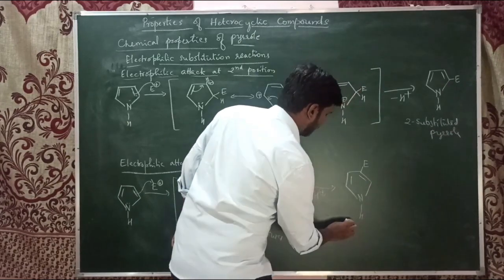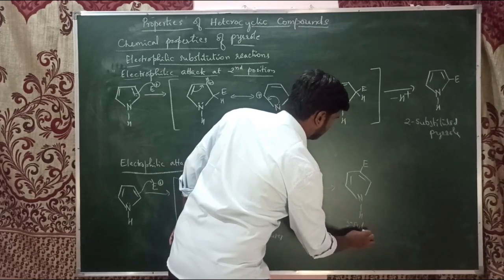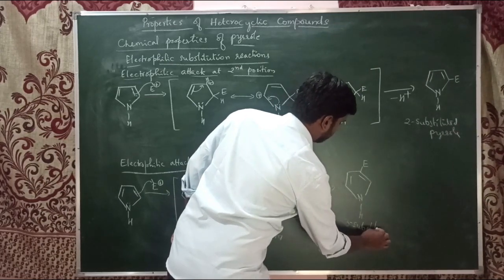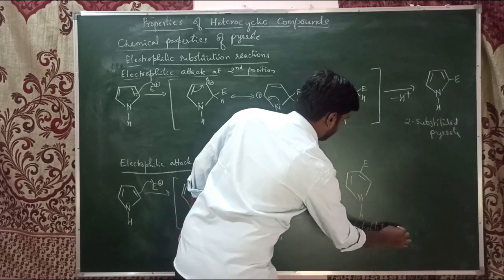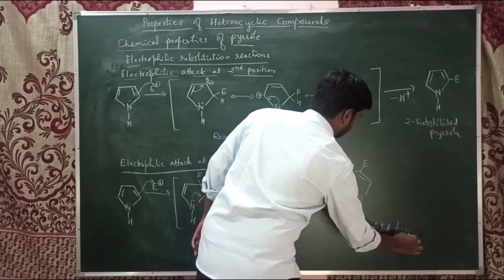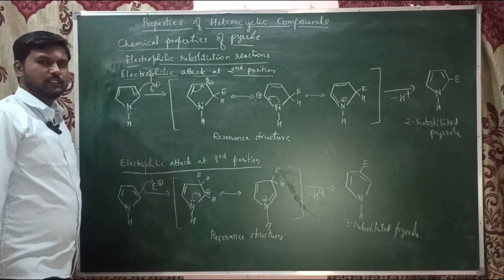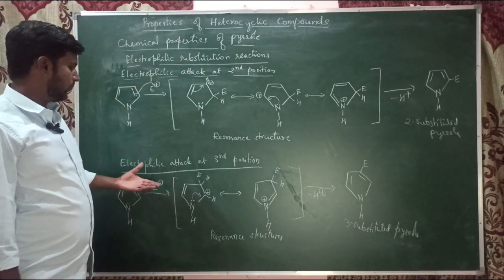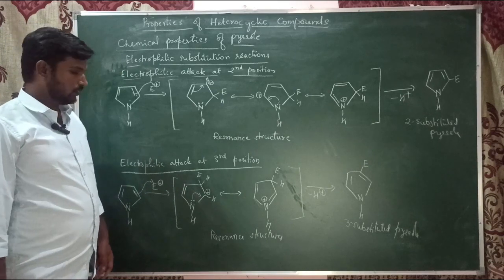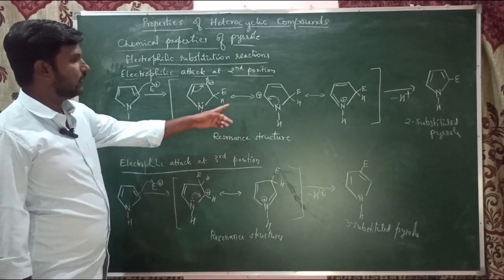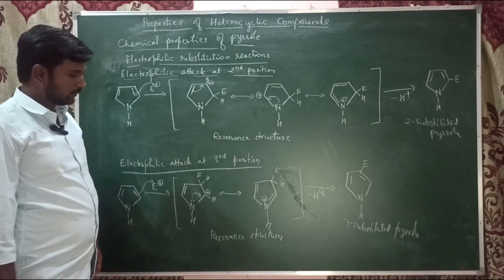It is 3 substituted pyrrole. Okay, so this is about the resonance structures we found in the pyrrole when the electrophile attacks at the second. So this carbocation, and here also we'll have the carbocation resonance.